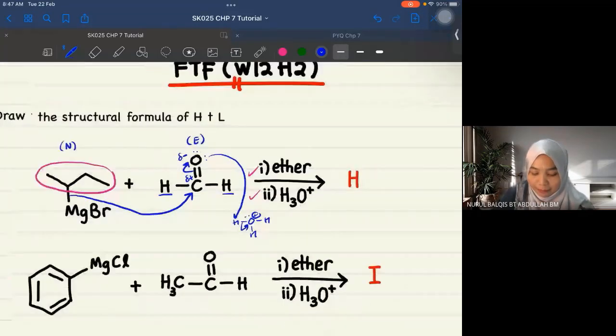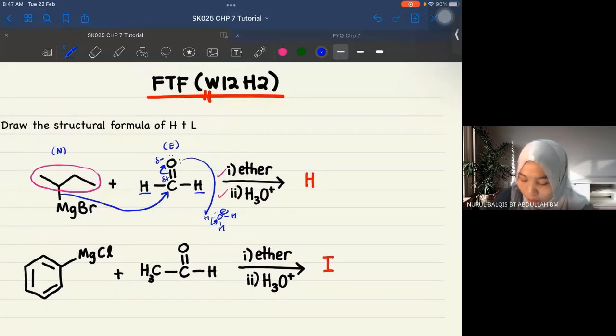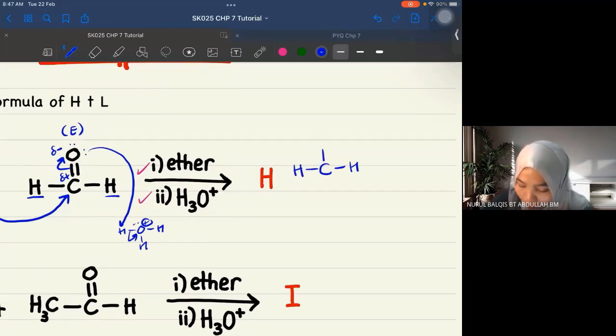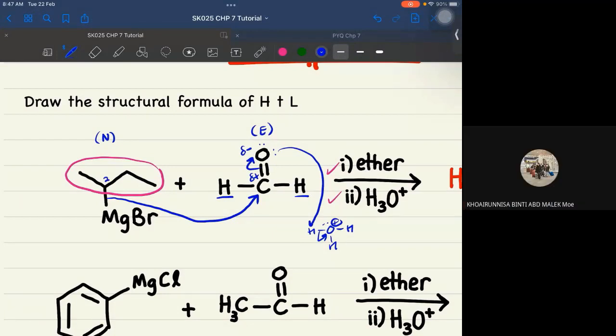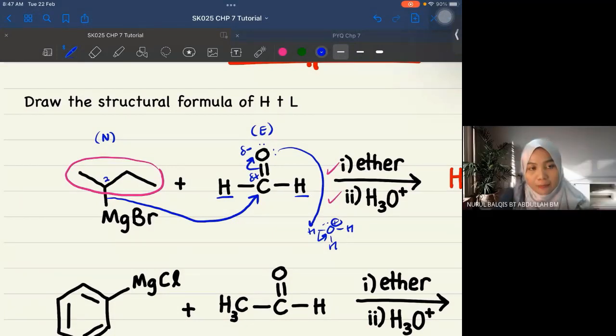So kita akan dapat apa dekat sini? Kita lukis balik kita punya structure. We have this carbon bearing the O, bearing the H and H. Okay, lepas tu kita ada O ni akan jadi OH. And here tengok dia masuk berapa carbon? Dia masuk kat carbon nombor 2 kan? Yeah. Ya, maksudnya sebelah karbon nombor 2 ada 1.